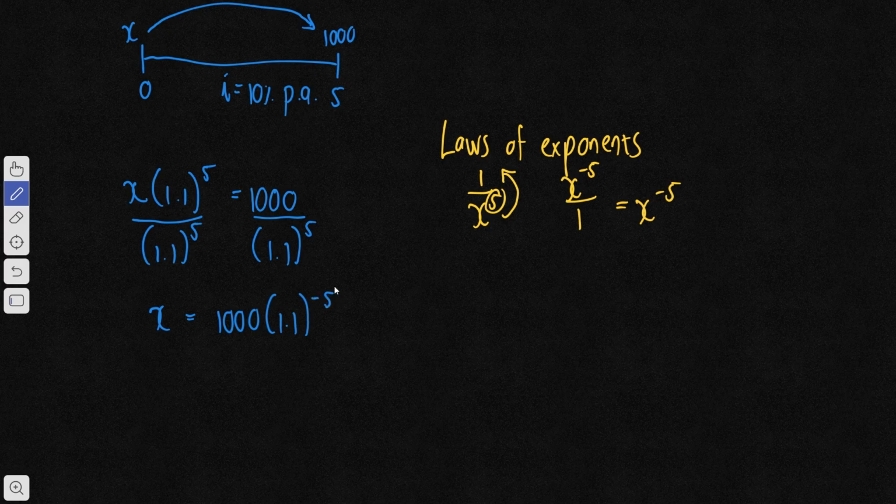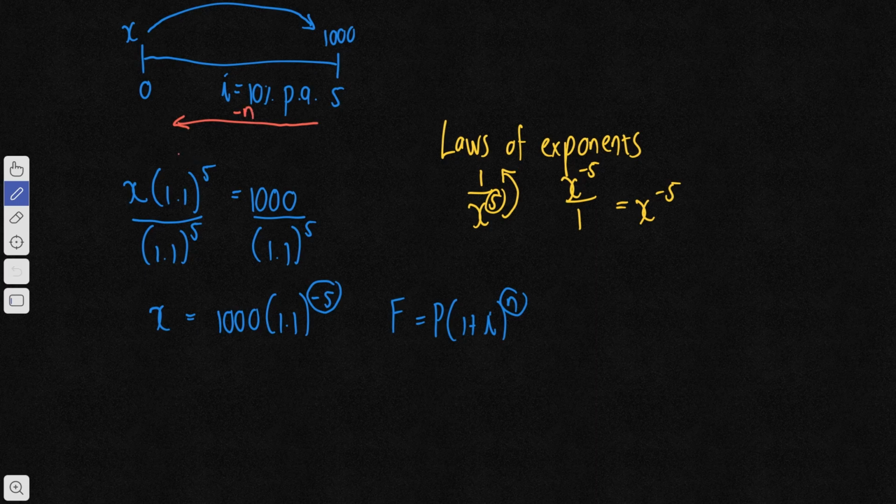The formula is very similar to our formula for calculating future values. As a reminder, the future value is equal to the present value times 1 plus i to the power positive n. So the only difference between the formula for future values and present values is the sign of the exponent. When moving money backwards through time, we use a negative exponent.